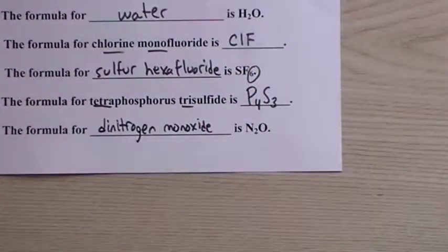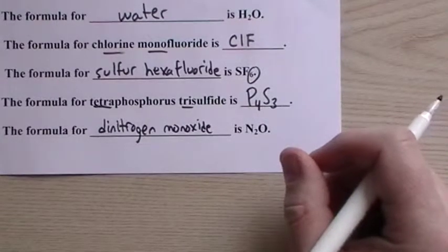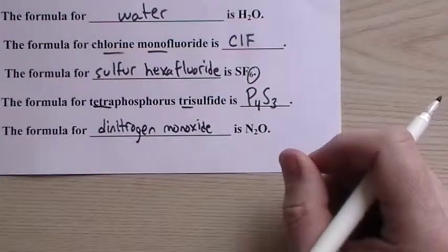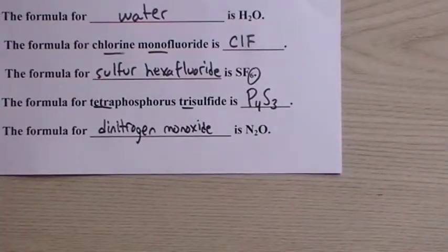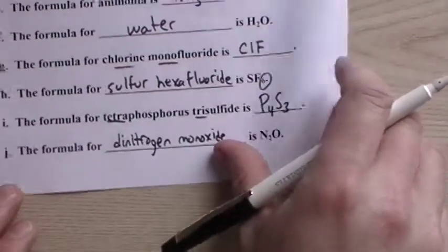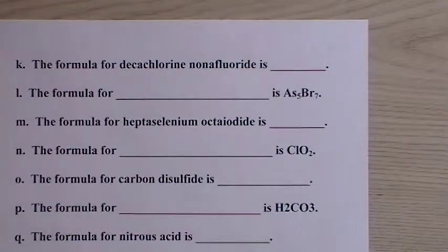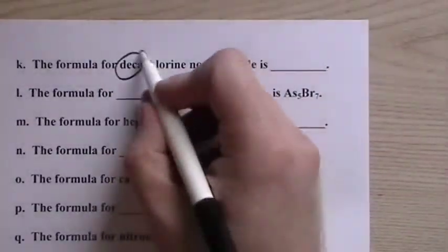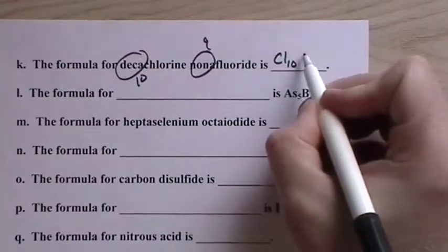It's also called nitrous oxide, but we'll go with the standard name, dinitrogen monoxide. If you know some of these compounds from a different course where they used the common names, that's fine as long as they're accepted common names. You can use those on my exam. The formula for decachlorine nonafluoride, so 10 and 9, so Cl10F9.